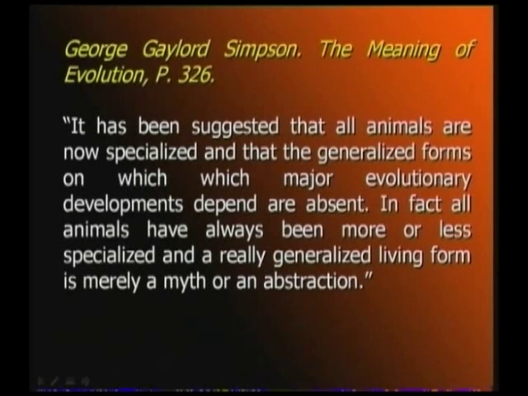George Gaylord Simpson was one of the doyens of evolutionary thinking, and in his famous book, The Meaning of Evolution, he writes, "It has been suggested that all animals are now specialized and that the generalized forms on which major evolutionary development depends are absent. In fact, all animals have always been more or less specialized, and a really generalized living form is merely a myth or an abstraction."